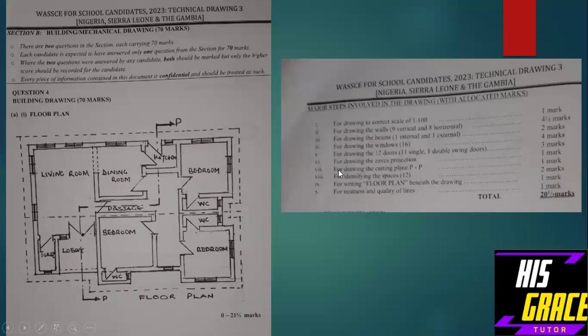The mark awarded to that is 2 marks. And then for writing floor plan beneath the drawing, 1 mark. So you have to write floor plan here. Then for neatness and quality of lines, 1 mark. So the total mark awarded to the construction of the floor plan is 20.5 marks.